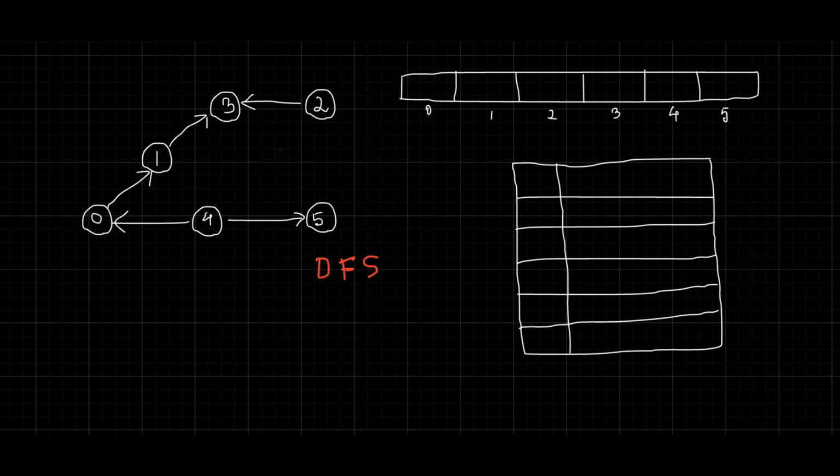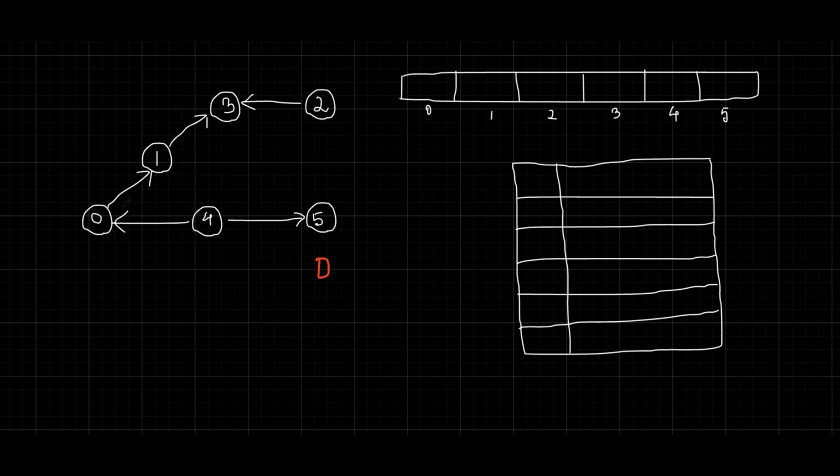We are given a directed graph which is a tree. That means this graph does not have any cycle and it is connected. Here we have to reorder some of the edges such that all of the nodes can reach node 0.